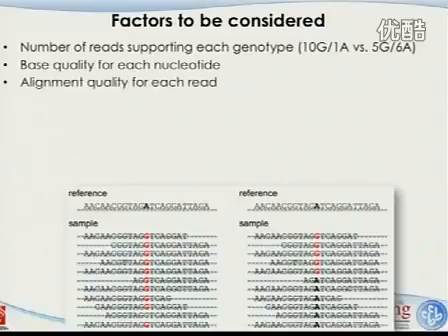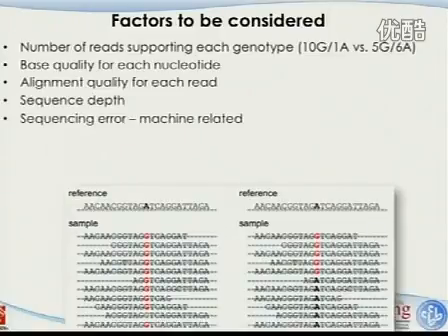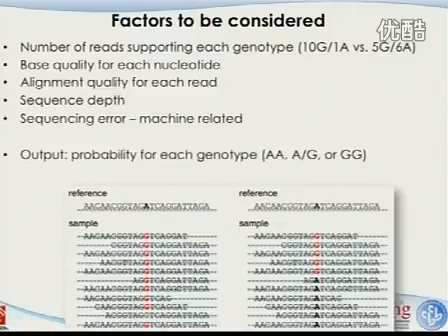The alignment quality is also really critical. If I misaligned, whatever variant I'm calling here doesn't make any sense. So this needs to be considered, along with sequencing depth, and of course sequencing error and machine-related sequencing error.